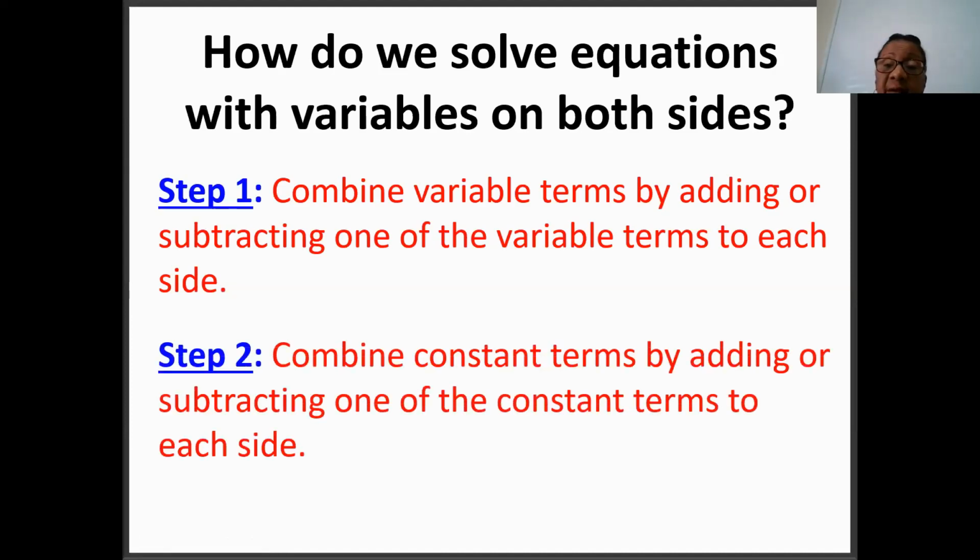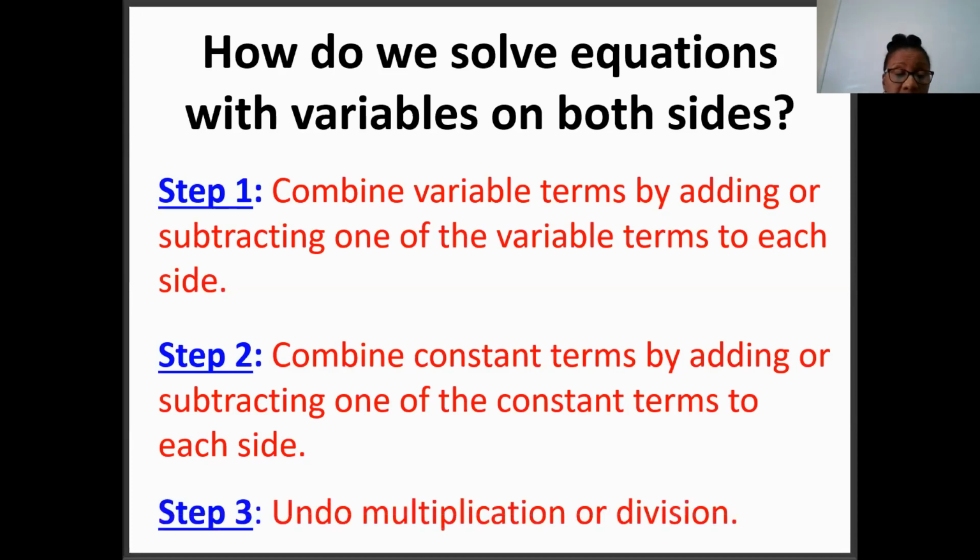Then our step 2 said, combine constant terms by adding or subtracting one of the constant terms to each side. Step number 3 says, undo multiplication or division.